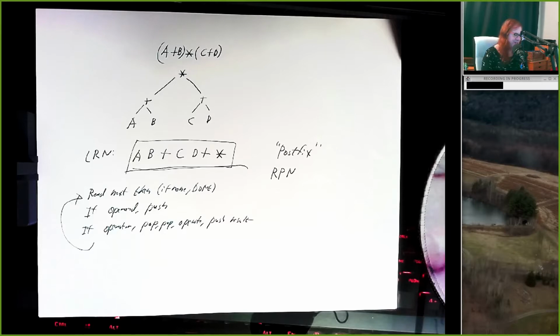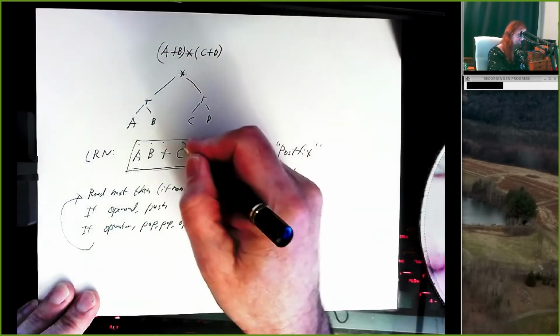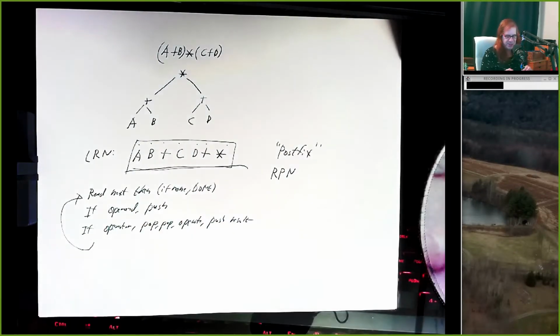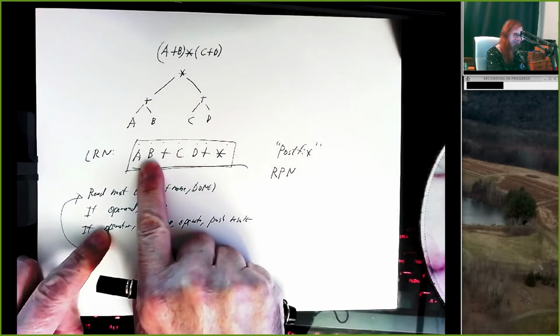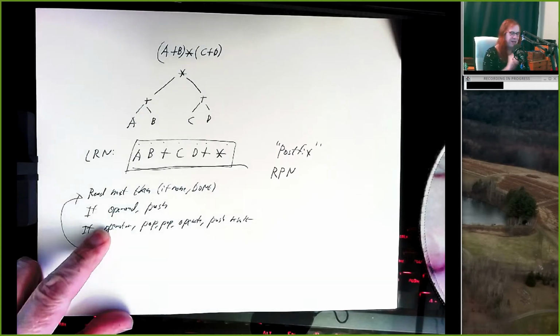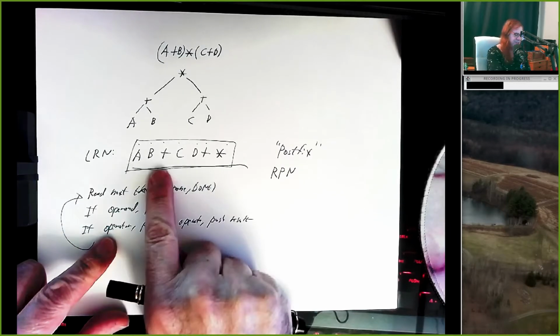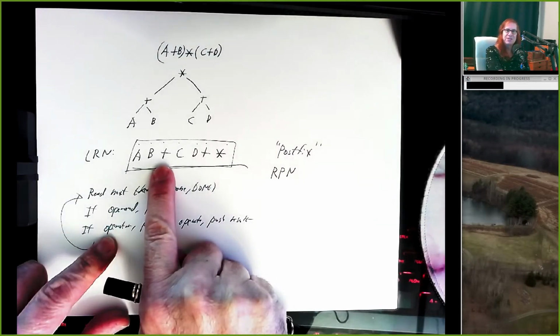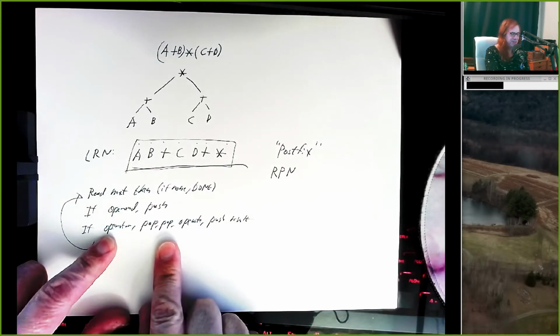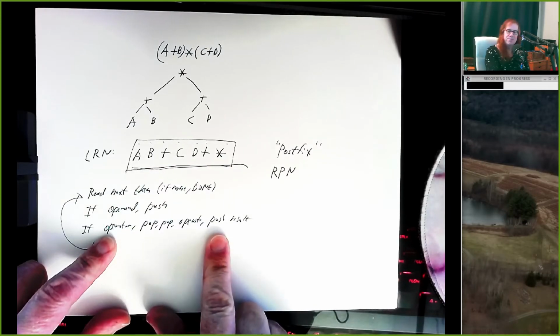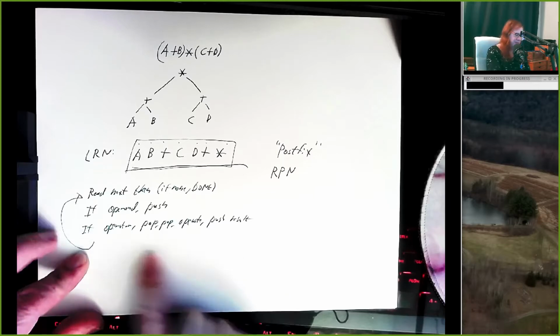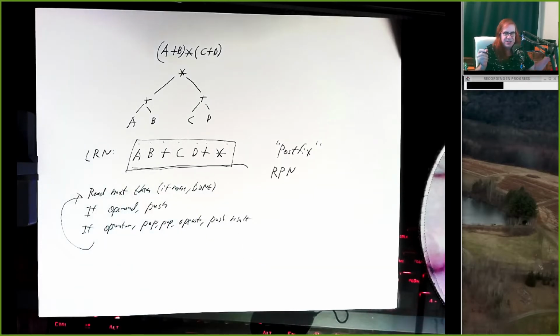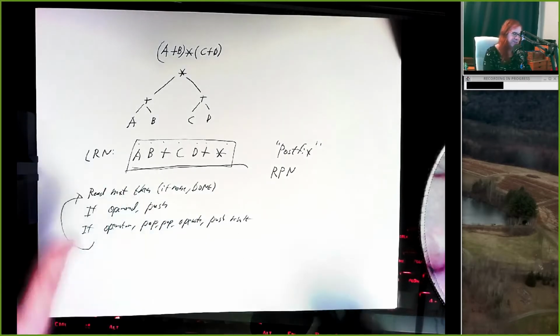So when I say read the next token, it's just these symbols, which could be big long numbers or something like that. So read a token. If it's an operand, a noun, a thing you're going to operate on, push it onto the stack. If it's an operator, a verb that's going to do some action, pop the top two things off the stack, apply the operation, push the result back on the stack, and just keep doing that. And magically, this does your calculation for you.